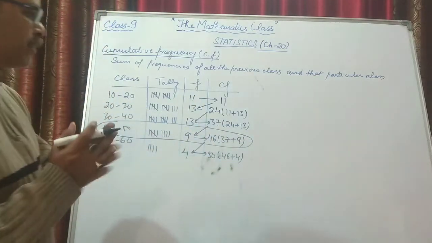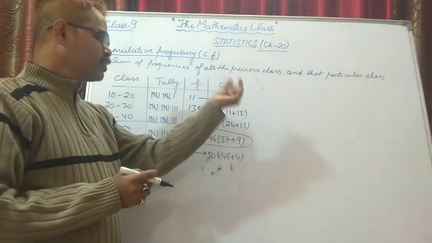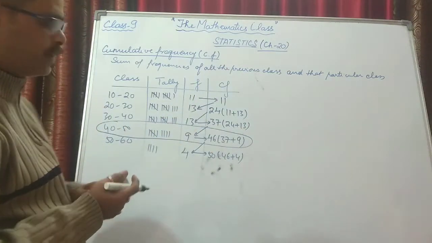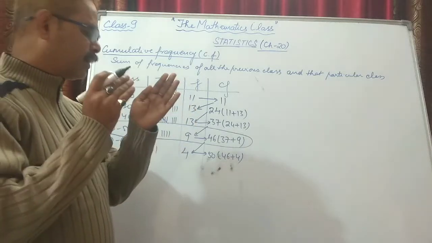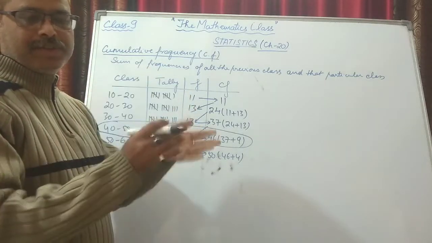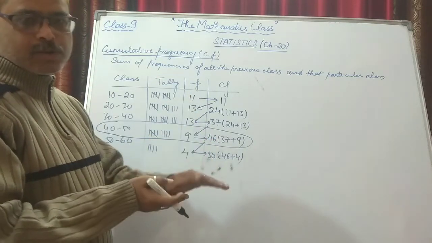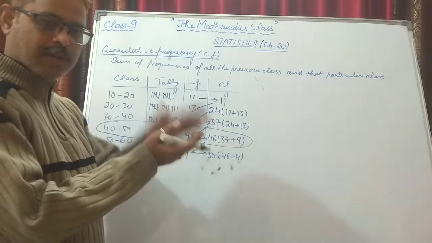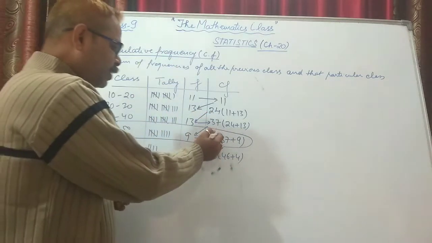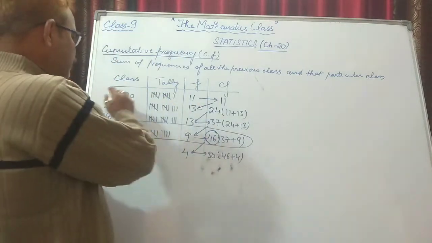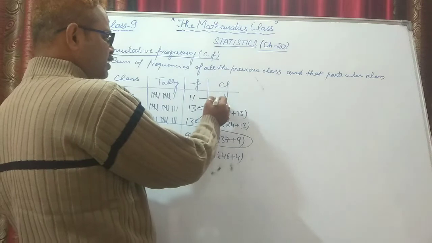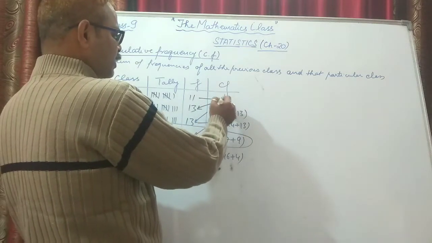So how do we write cumulative frequency? This is one method. Whichever class interval we are considering, we take the frequency of that particular class plus all the previous classes. We add all the frequencies, and whatever the value is, that is the cumulative frequency of that particular class. If it is the first class, the frequency is taken as the cumulative frequency.